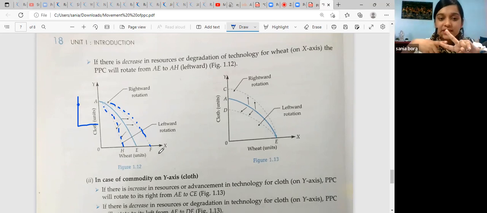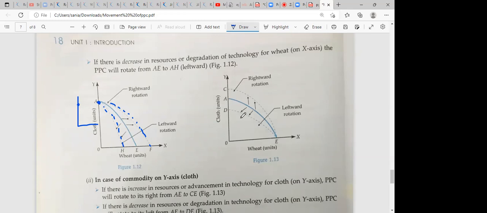One is for the x-axis and one is for the y-axis. For the x-axis, if your resources are being increased, then it is going to be a rightward shift. It is going to be the same over here. This is for the x-axis, rightward rotation, and this is the leftward rotation. In the case of the y-axis, the upper one is going to be your rightward rotation, and the lower one is going to be your leftward rotation. Clear?